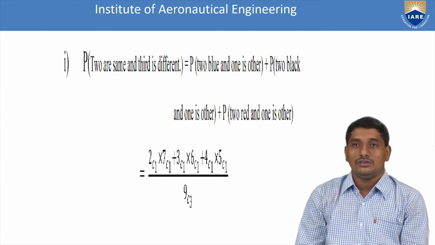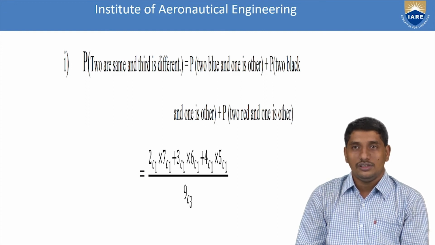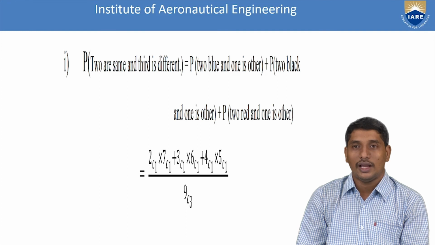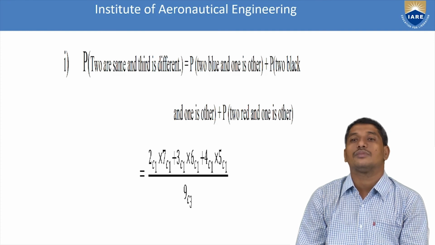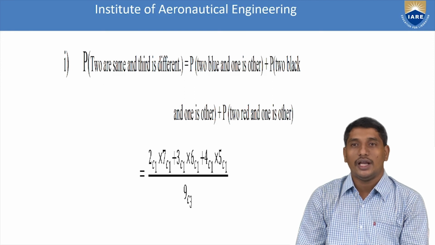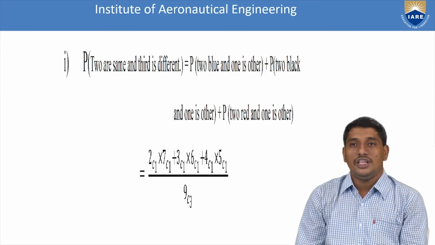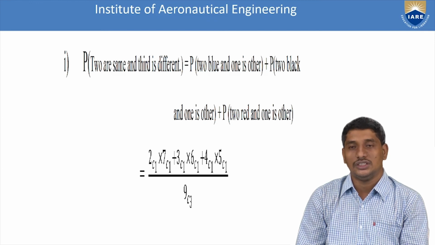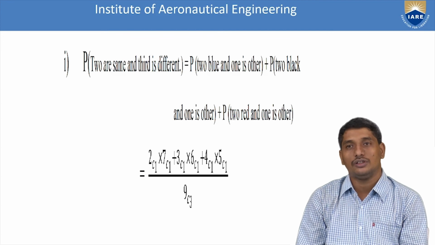So case 1, 2 blue and 1 is different. 2 blue means 3C2, different means the sum of black and red, that is 6C1. The second case is 2 black and 1 is other. There are 4 black balls, so 4C2, and the other 2 red plus 3 blue are 5, so it is 5C1.